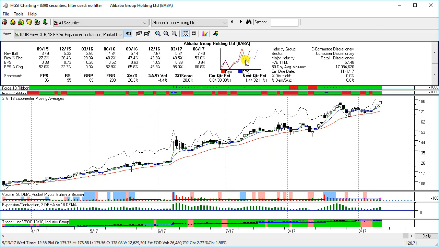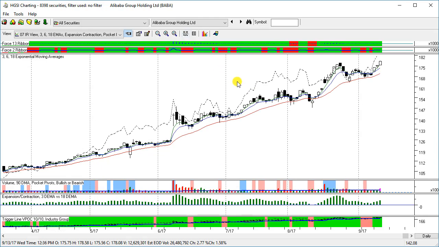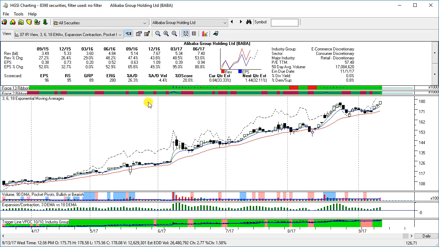So in addition to having technical data, we have fundamental data, and the beauty of HGSI is we can scan on both. So if we're looking for stocks with strong fundamentals and technicals, or stocks that have strong fundamentals and they may be getting a buy signal, such as the volume point of control or pocket pivots or force indexes, we just bring up the chart and we can look at the chart and make a determination along with information which is contained in the fundamental panel.